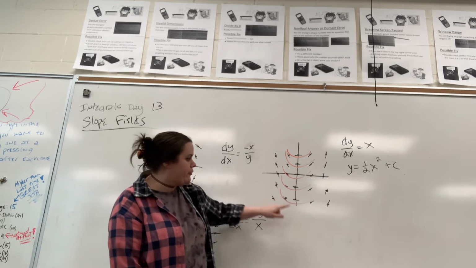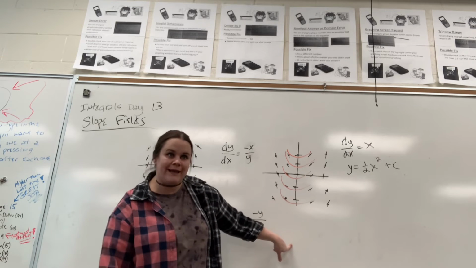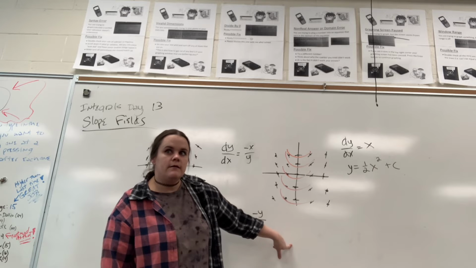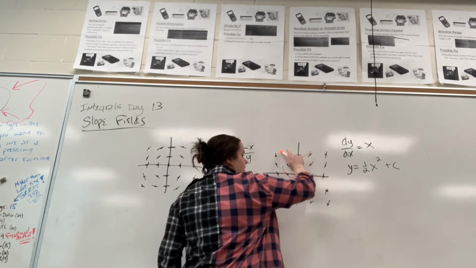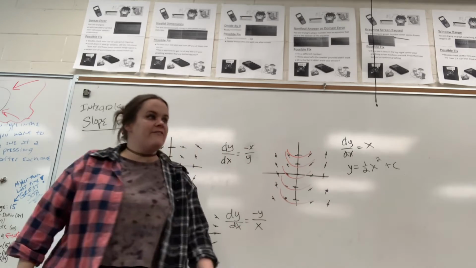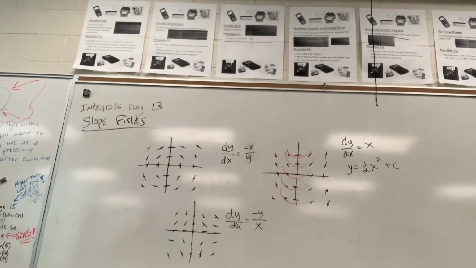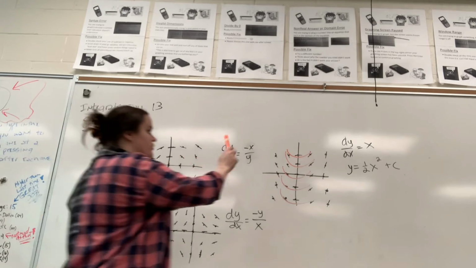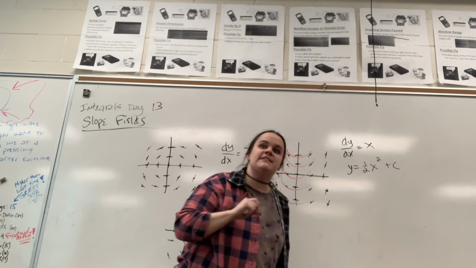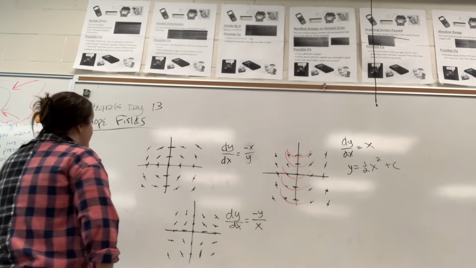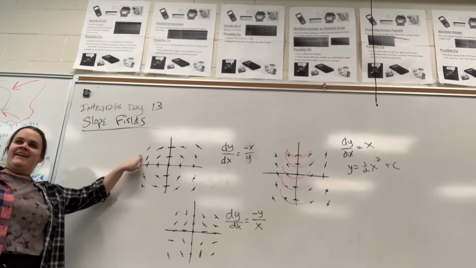This is maybe for a parabola with the y-intercept of like -20. Look at the slopes. I'm making concave up parabolas, infinitely many of them, centered at the y-axis. This is the sketch of the antiderivative of this function. Is that fair?